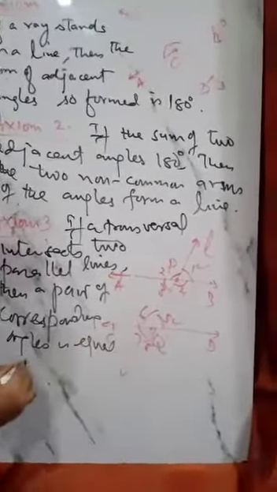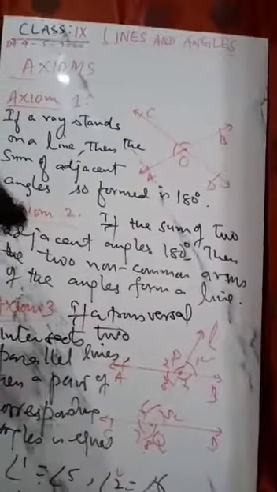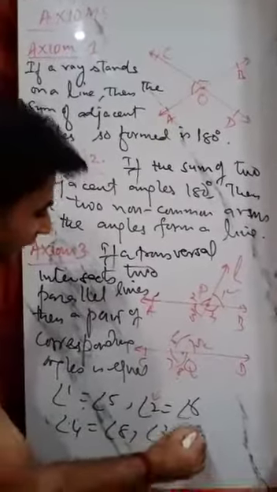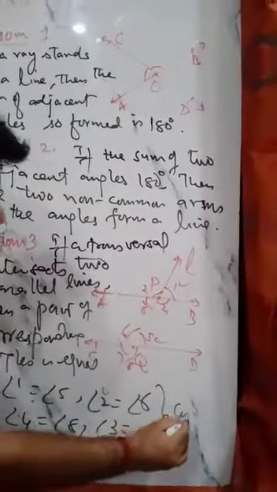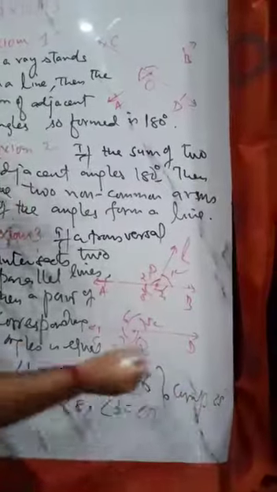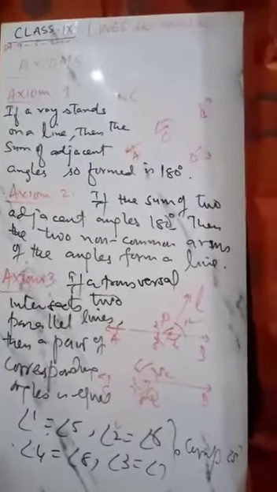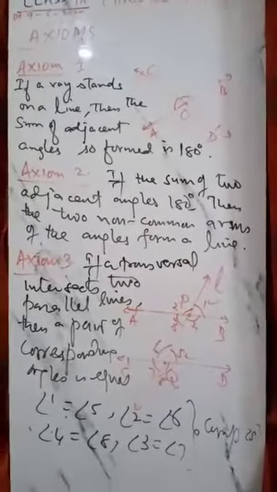So angle 1 is equal to angle 5, angle 2 is equal to angle 6, angle 4 is equal to angle 8, and angle 3 is equal to angle 7, because they are all corresponding angles.